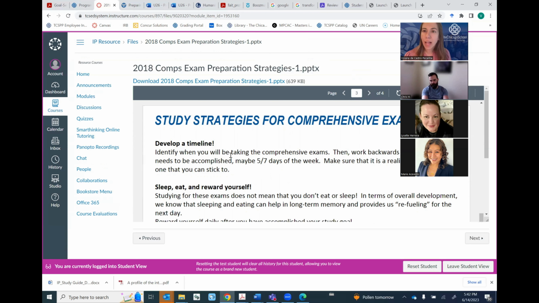And develop a timeline, right? So I will study diversity first, or I will study research methods first, whatever is better for you in terms of what you think makes more sense. What is the subject that you prefer to tackle first?